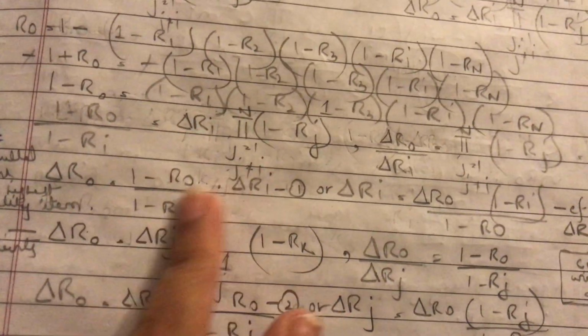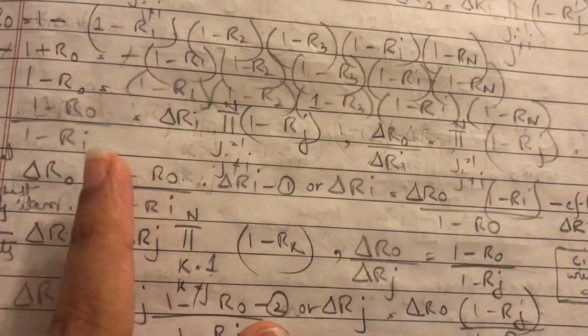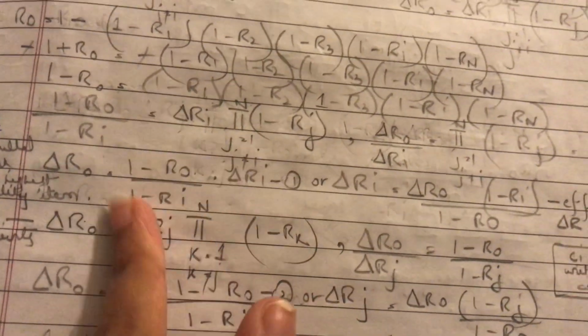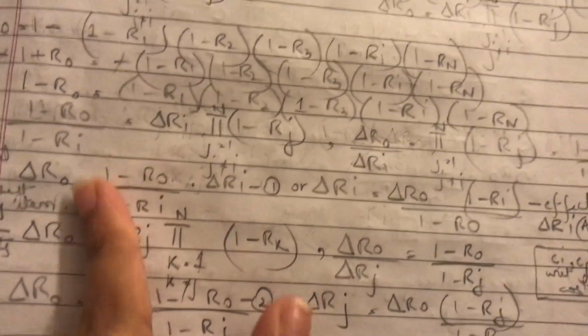When we are talking about delta R0, when it was like this with Ri, the equation was this.